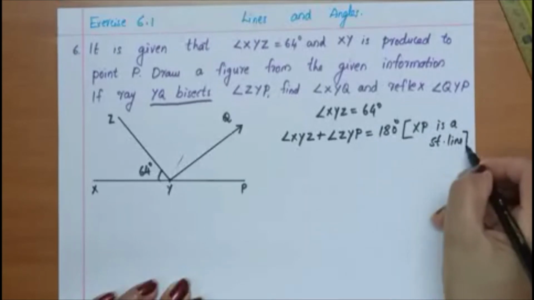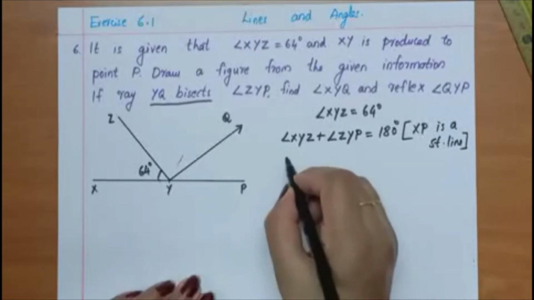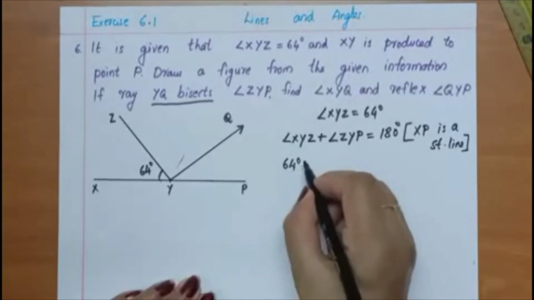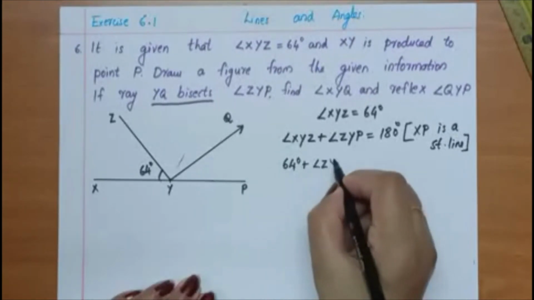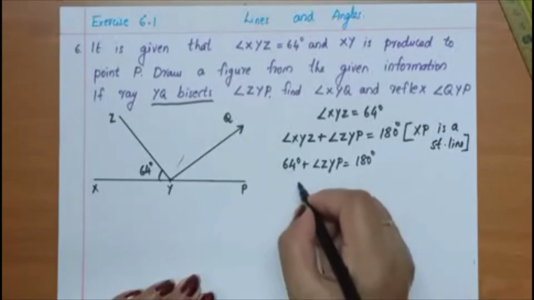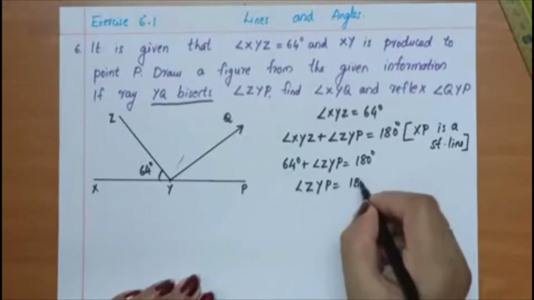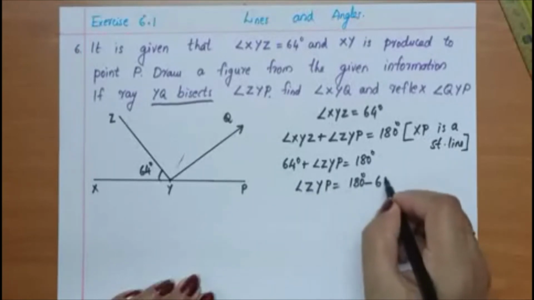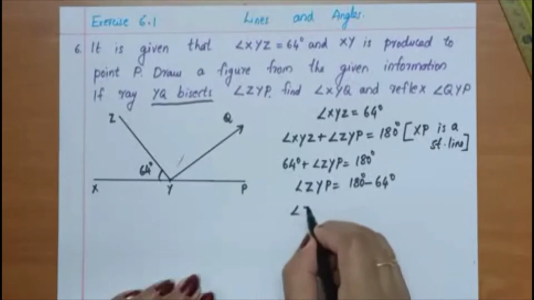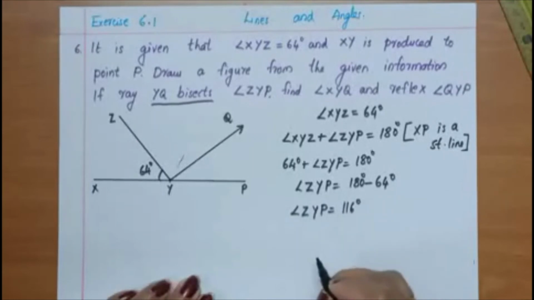The measurement of a straight line is 180 degree. XYZ we know is 64 degree, plus angle ZYP equals 180 degree. We don't know ZYP, we have to find it out. So angle ZYP equals 180 degree minus 64 degree, so angle ZYP equals 116 degree.